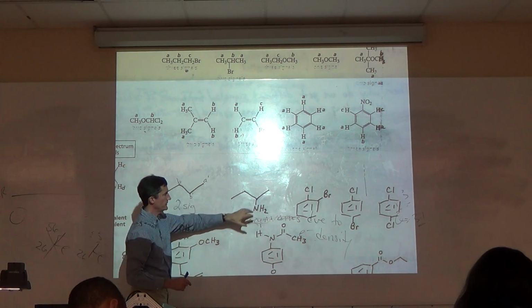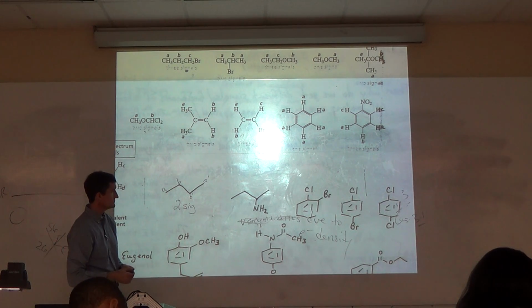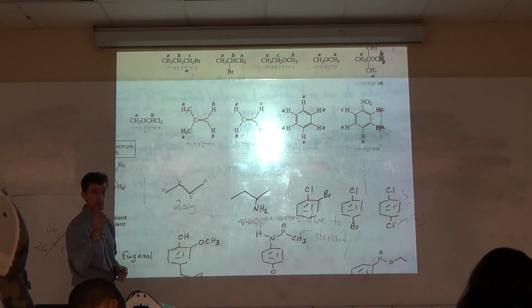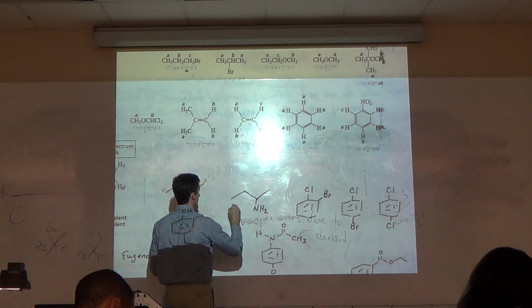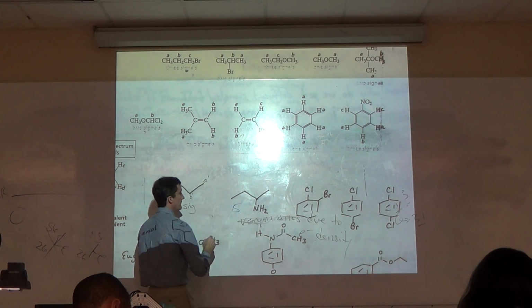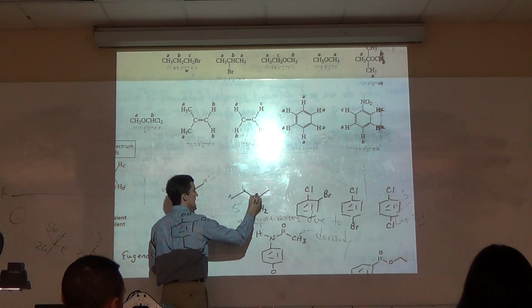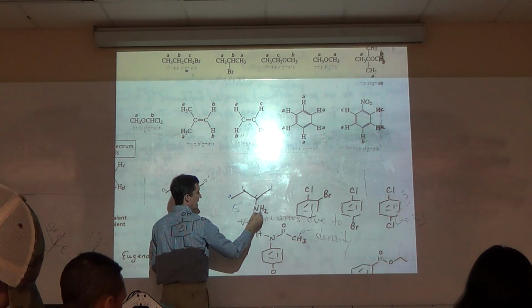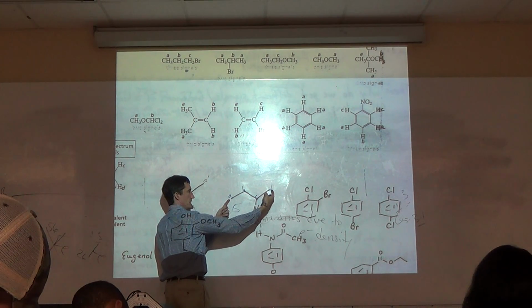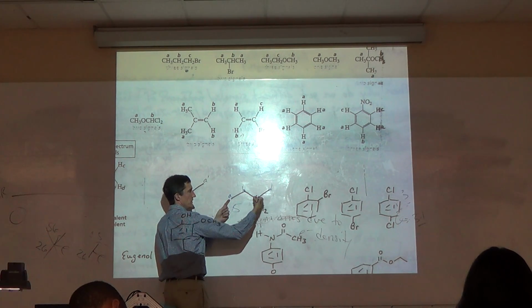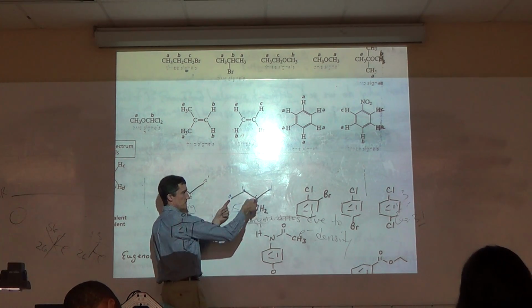How many signals for this? 3. Somebody got it? 5? 5. A, B, C, D, E. Is that methyl the same as that methyl? No, this methyl is closer to the nitrogen.